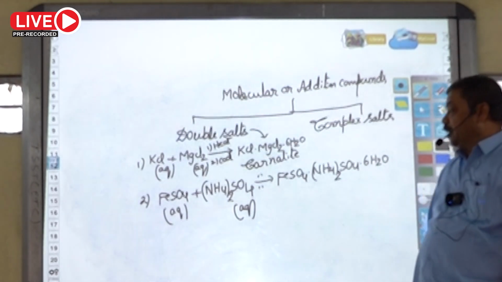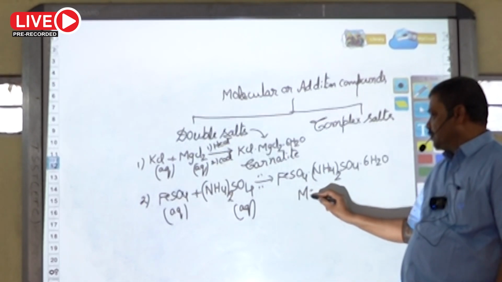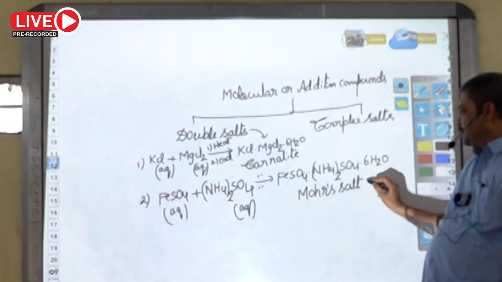This ferrous ammonium sulfate is called Mohr's salt.